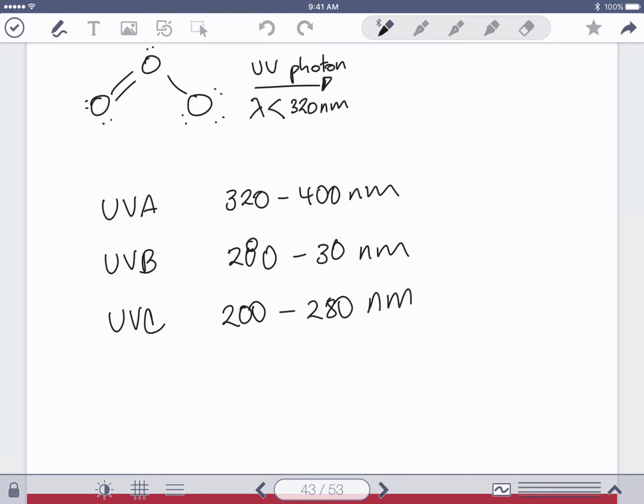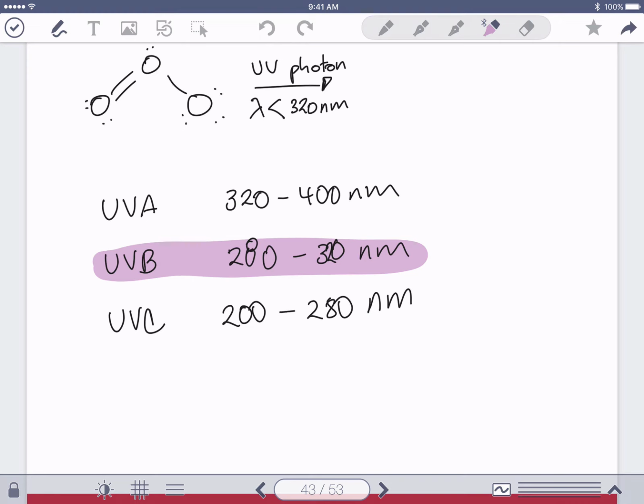So which of these is the type of UV ray that interacts with ozone and is absorbed by it? It's actually the UVB rays that we're referring to when we think about breaking these bonds in ozone. Most of the UVB is absorbed by ozone in the stratosphere.